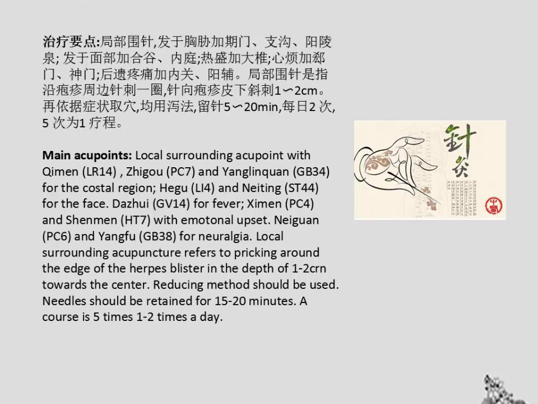All right, so other major points. When there's liver involvement, front mu point of the liver, liver 14. Gallbladder 34, I'll skip PC7. I don't think it's as clinically important as gallbladder 34. Gallbladder 34 is a major point for damp heat in the gallbladder channel.